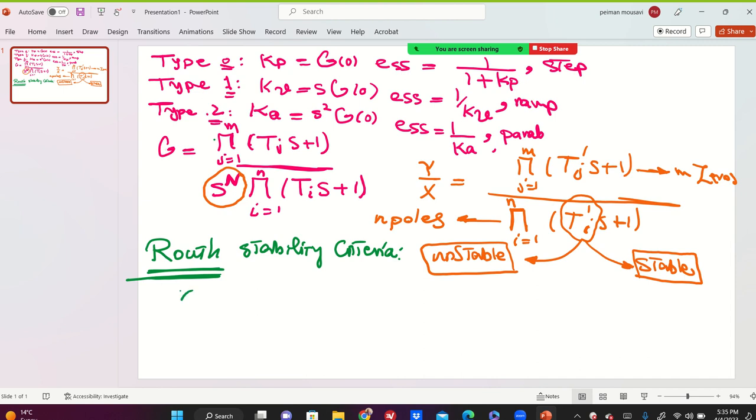If I expand the Y over X closed loop transfer function, these are the zeros of the system, or numerator.